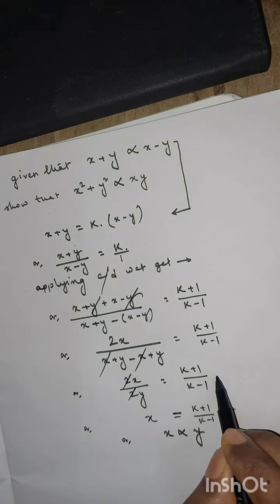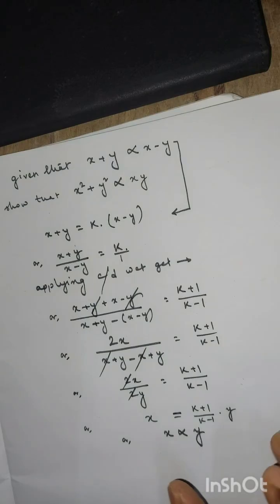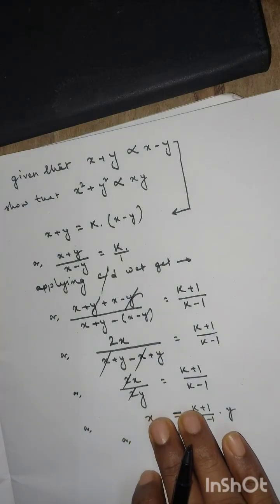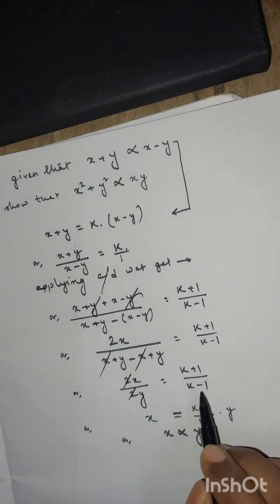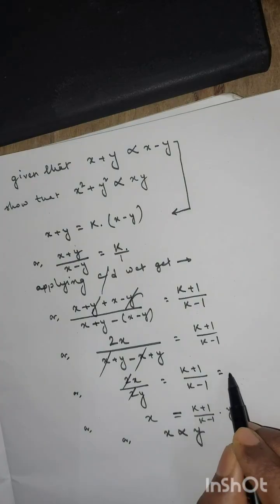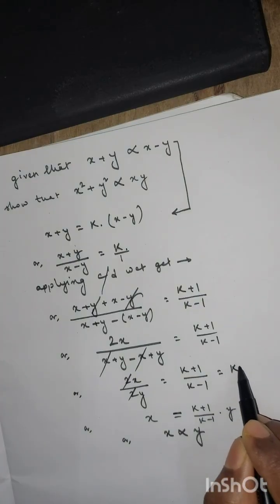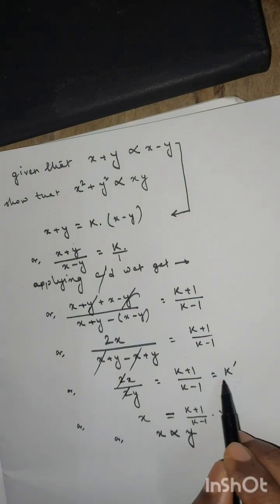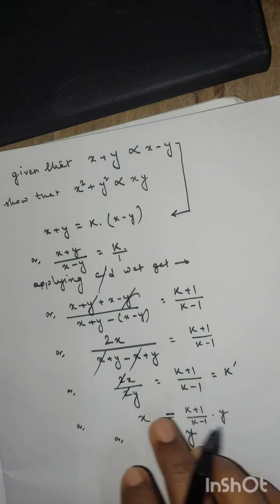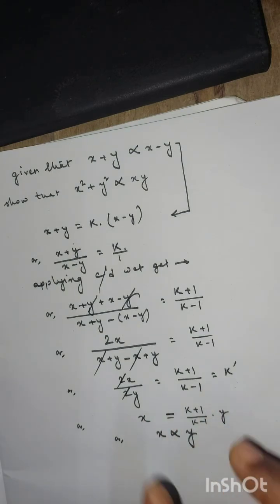We are using this step, not the last two steps. We can say this is k dashed, where k dashed is k plus 1 by k minus 1. So x by y means k dashed.